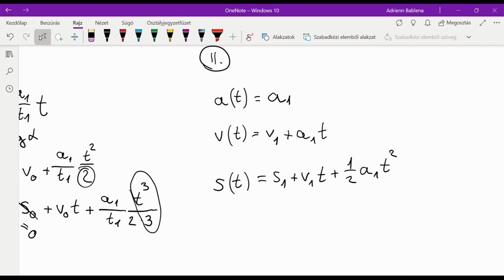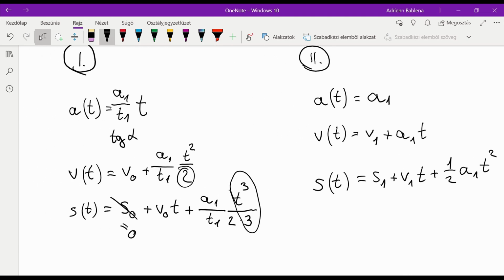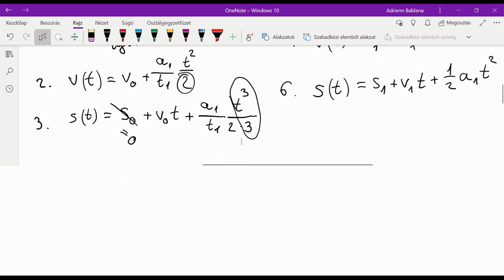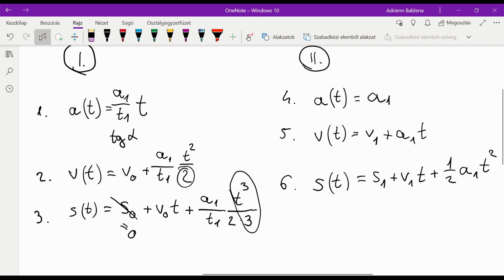Now we have so many equations again. We have 1, 2, 3, 4, 5, 6 equations. And what we are looking for is S2. So let's write the concrete time parameters into our equations.